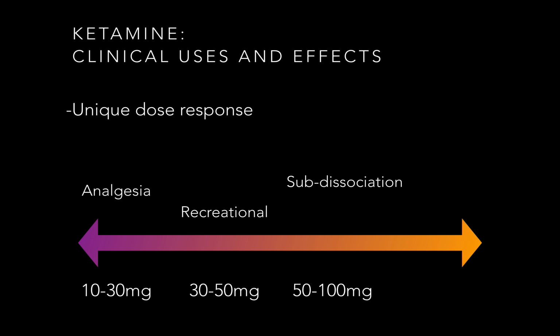As you walk up the doses into, say, 50 to 100 milligrams, you get into an area that some people call sub-anesthetic or sub-dissociative. And this dosing range is highly unpredictable, just to put it simply. Some people will partially dissociate. Some people will get very euphoric.